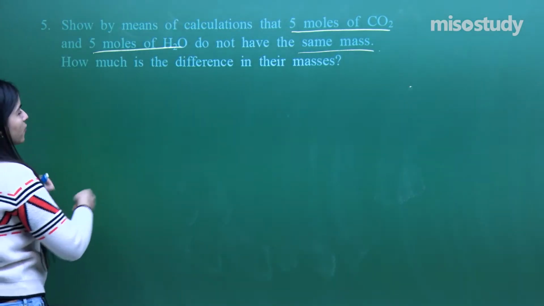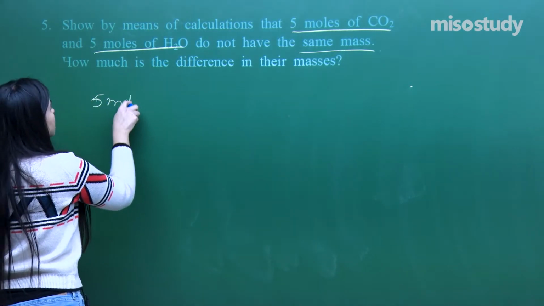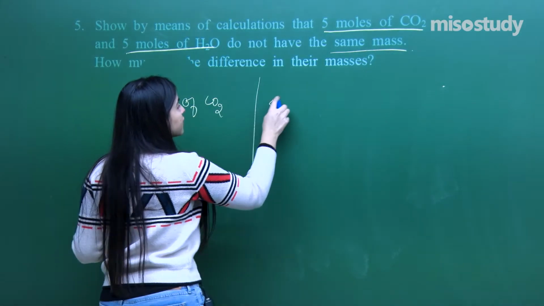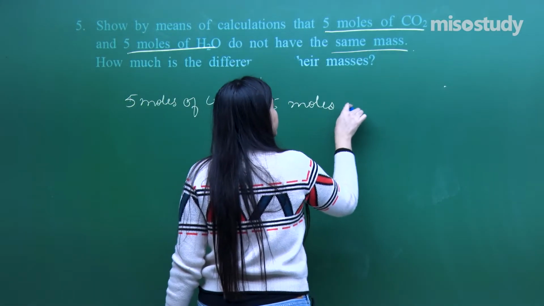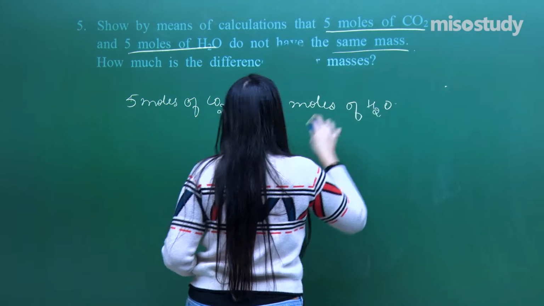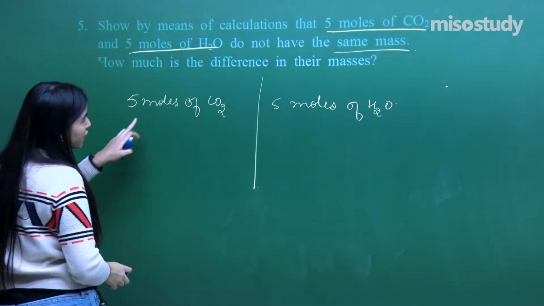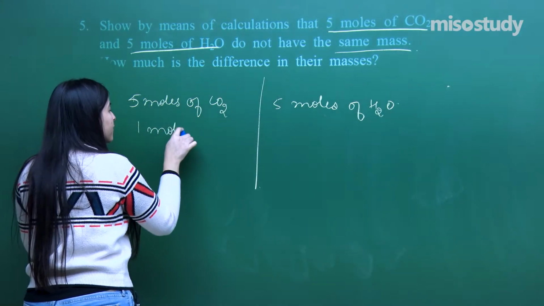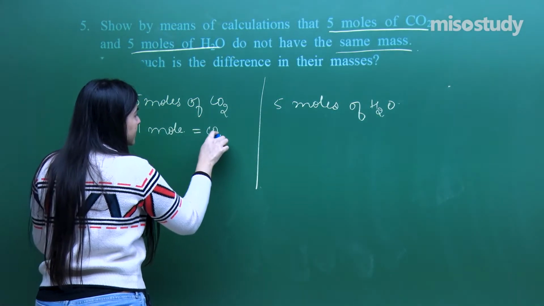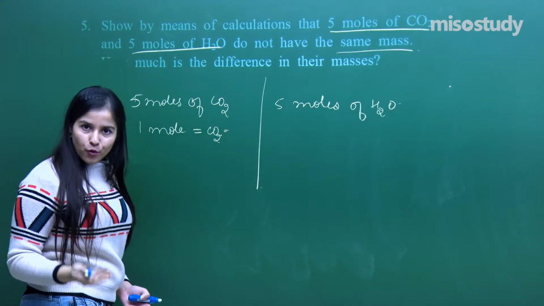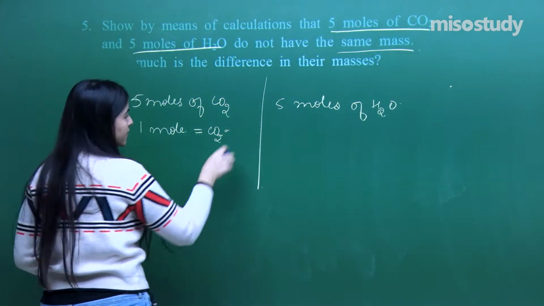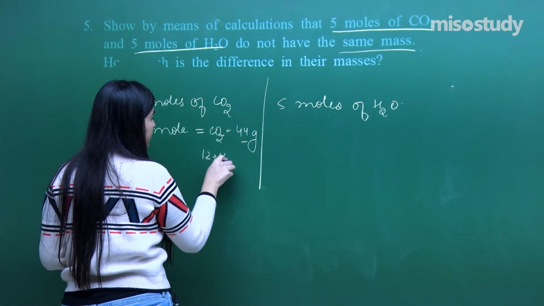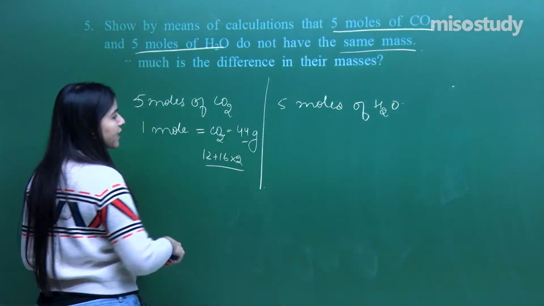Let's see how. 5 moles of CO2 and 5 moles of water. For 1 mole of carbon dioxide, the value is its molar mass, right? What is it? 44 grams. How? 12 plus 16 into 2. That is how you need to calculate.